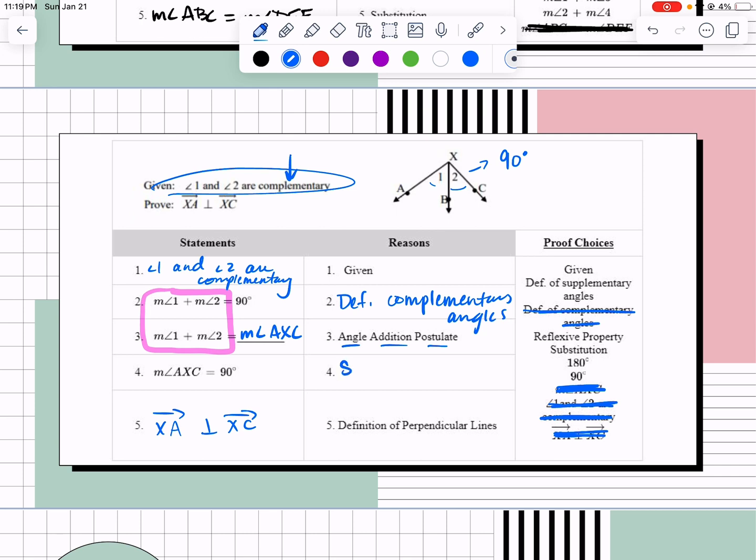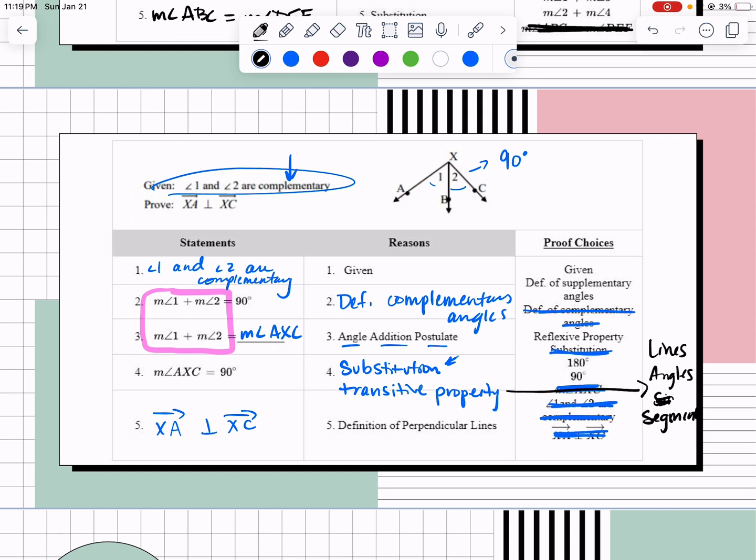So you could say substitution here. I'm also going to argue that some students or people would say the transitive property, so I want to talk about why this is substitution and not the transitive property. When you use the transitive property, you're using it with geometric things like angles, segments, lines.